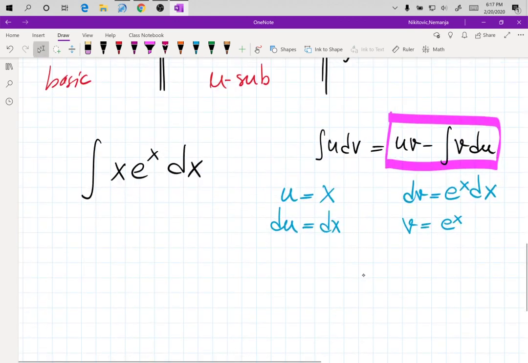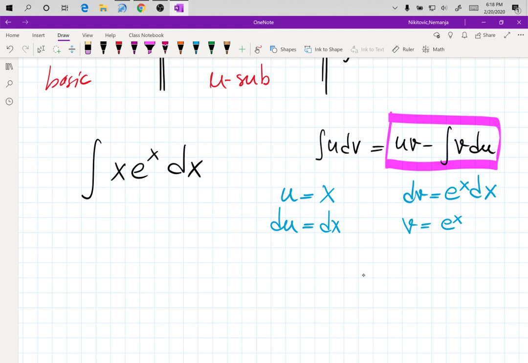So I hope you see that I used the problem on the left-hand side to create u and dv. I made those choices, and then I differentiated and integrated to create du and v. Now I need to compile this side.